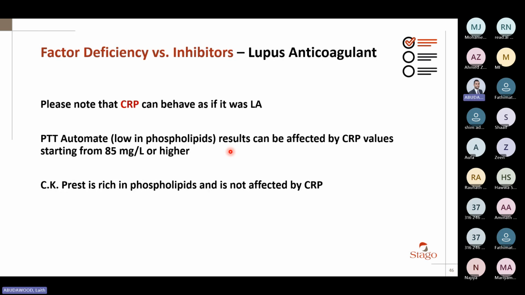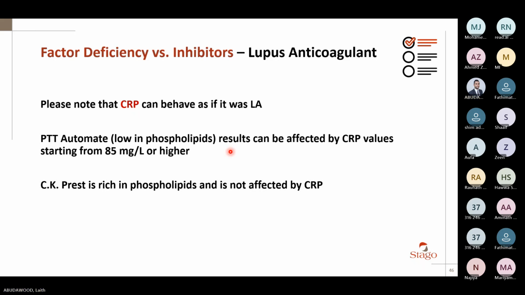Now, what could interfere with my lupus assays? Of course, I will not speak about lupus anticoagulant assays here in detail. This is a very, very long topic, and we will not go through it. CRP, C-reactive protein, functions very similarly in the context of the APTT test to your lupus anticoagulant.